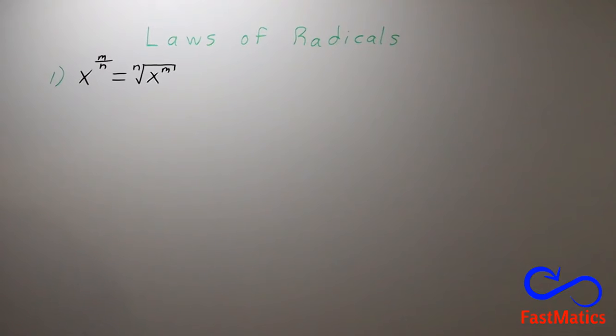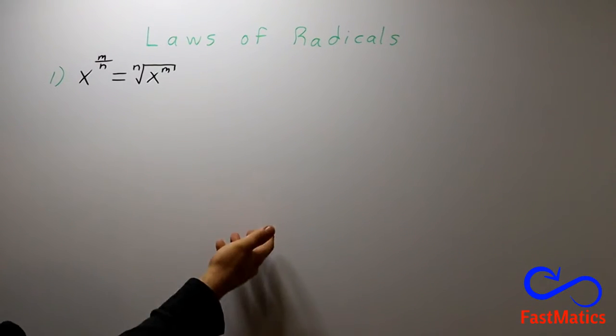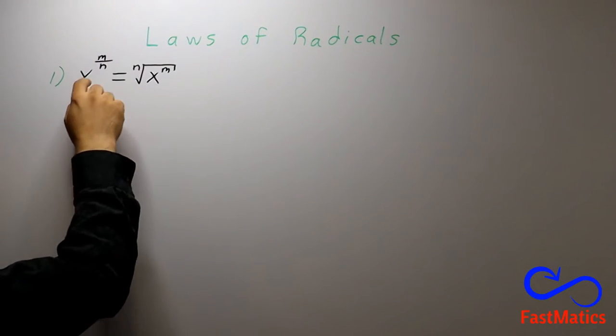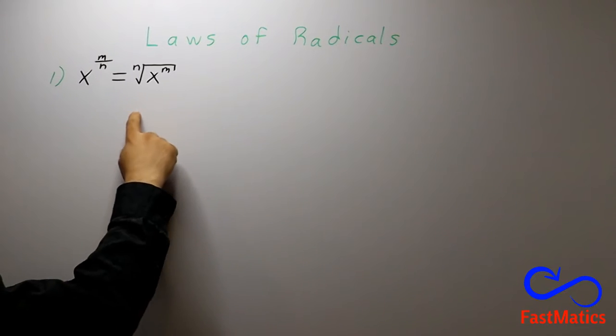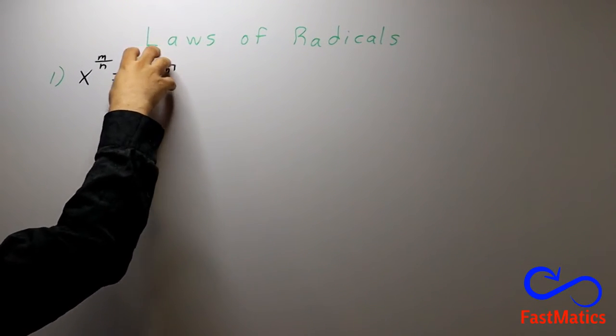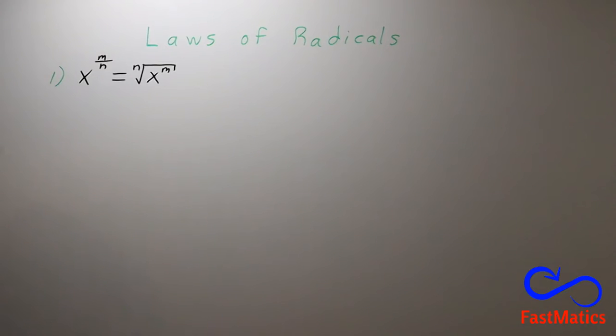That means with this property, with this law, you can convert from exponent to radical and from radical to exponent. Let's see some examples.